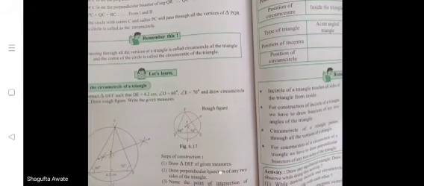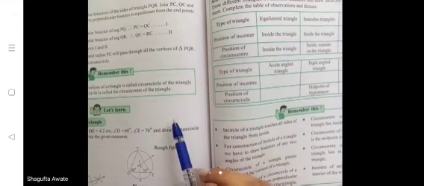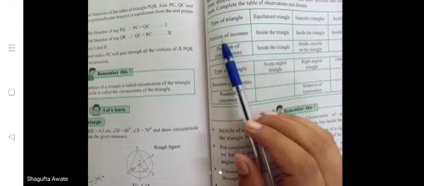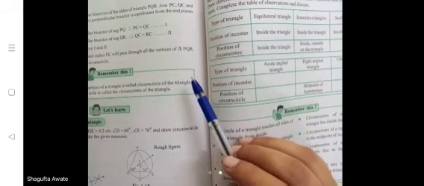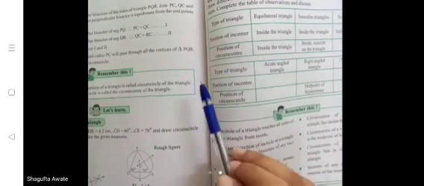Here an activity is given: types of triangles, position of the incenter, position of the circumcenter. For the equilateral triangle, the position of the incenter is inside the triangle, and the position of the circumcenter is also inside the triangle.